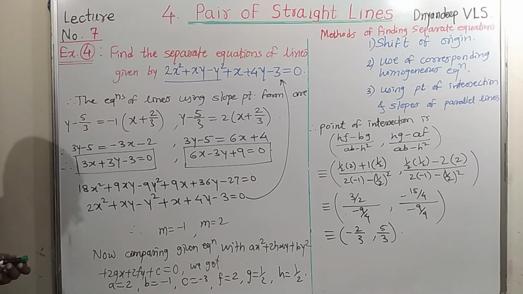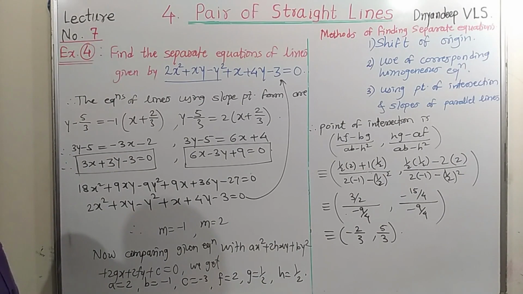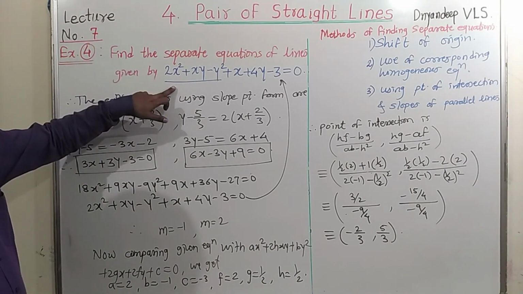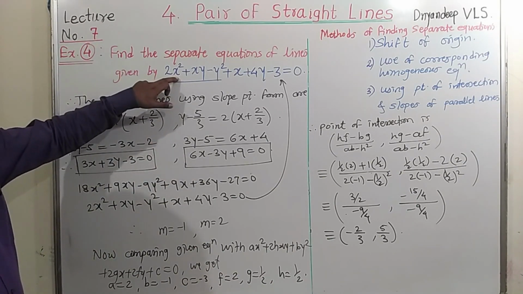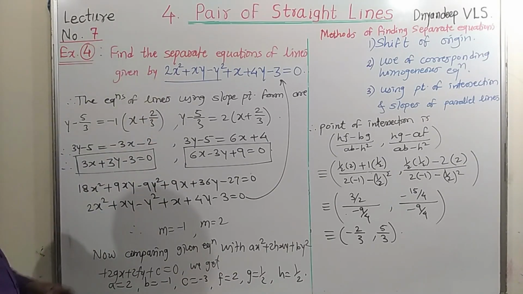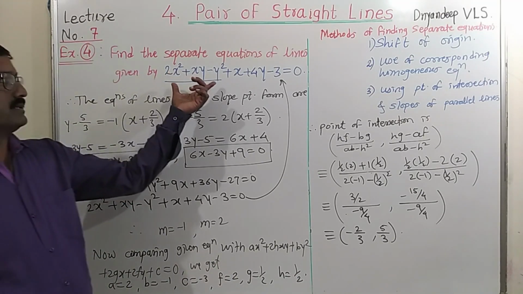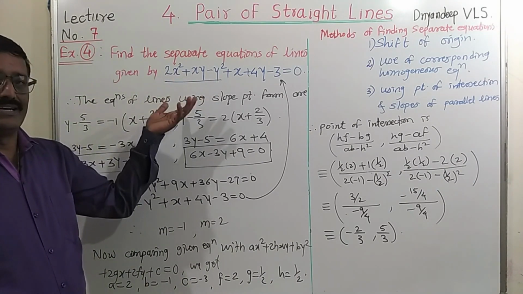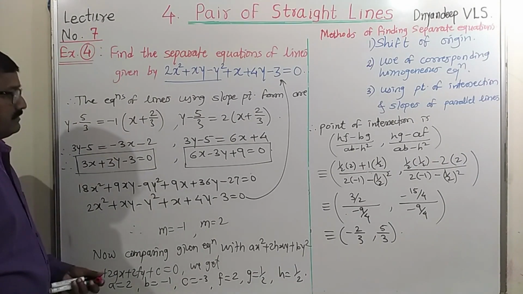Okay. So these are two equations or two lines which are separate lines of this combined equation. Or these are separate equations of lines, and this is the combined equation of lines. Okay. So what to do? First, from this given equation, let us take the corresponding homogeneous equation, write its auxiliary equation. From that auxiliary equation, find the roots.